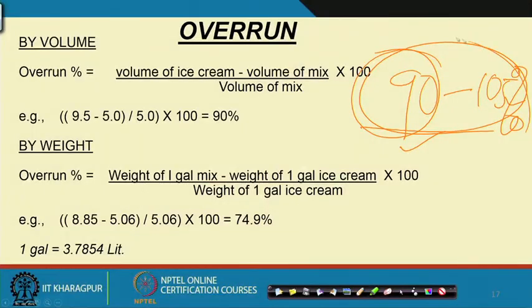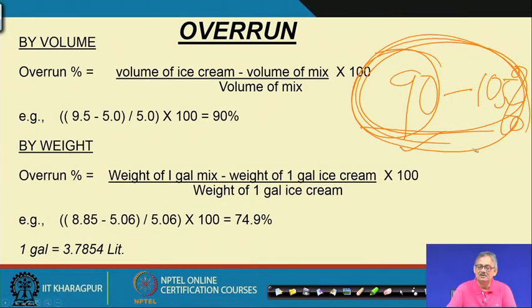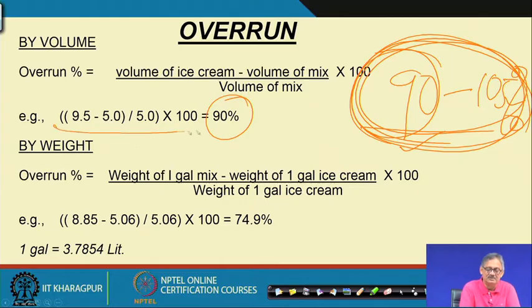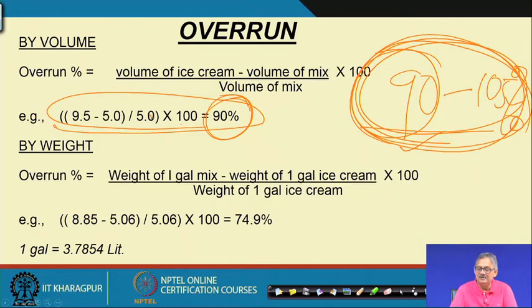For that, there is this binding that the overrun has to be within 90 to 105, right. So, here we got 90. This is a typical example: 9.5 minus 5 by 5 over 100 into 100 is 90%, right. Likewise it can be up to 105%, right. So, this is by volume.